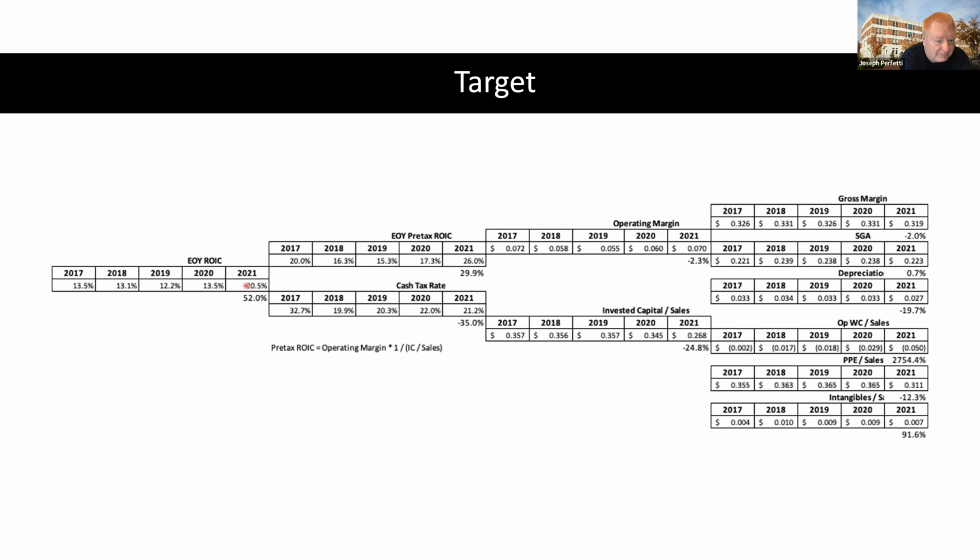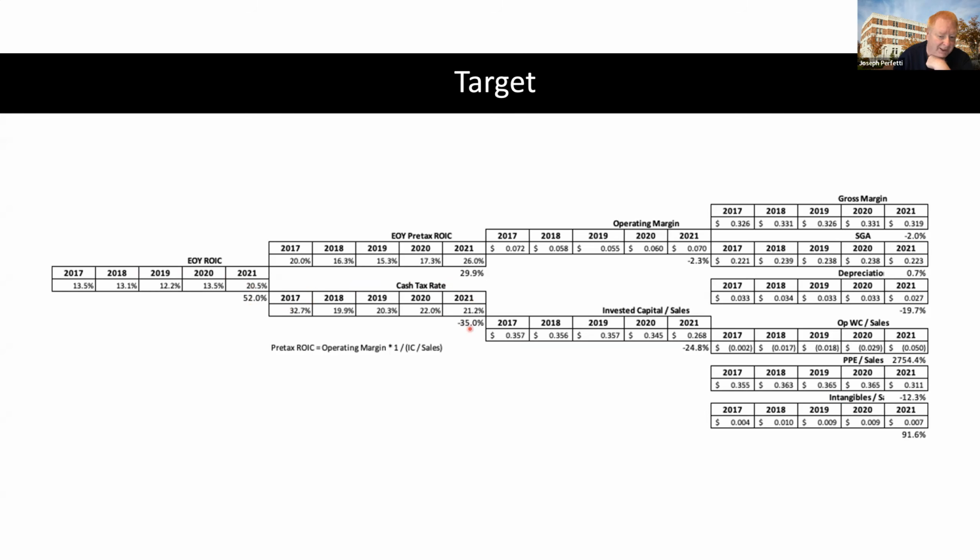What happened to Target over this 5-year period from 2017 to 2021? Their ROIC went from 13.5% to 25.5%, a 52% increase in their ROIC after tax. Looking at the first driver, tax rate went from 32.7 to 21.2.